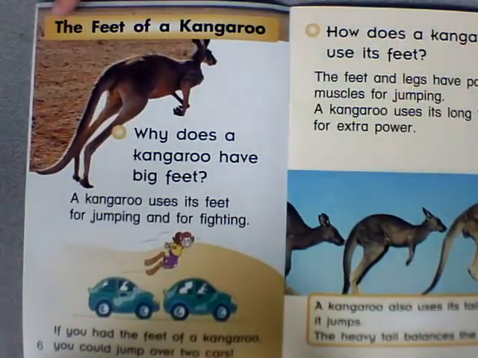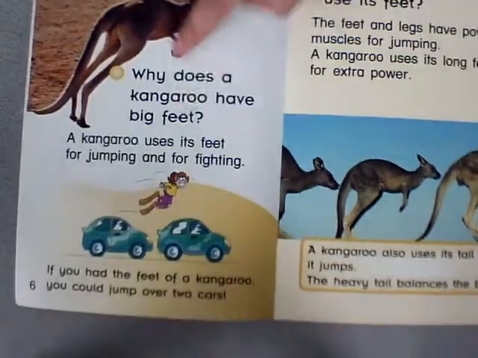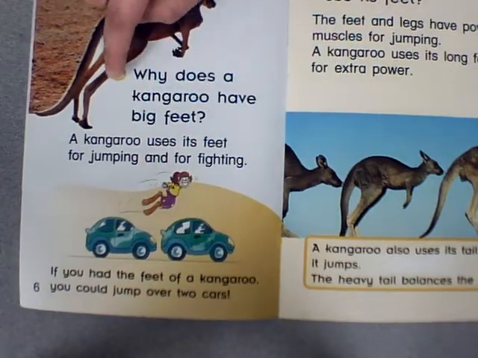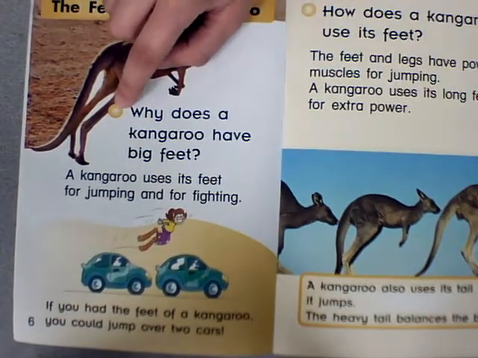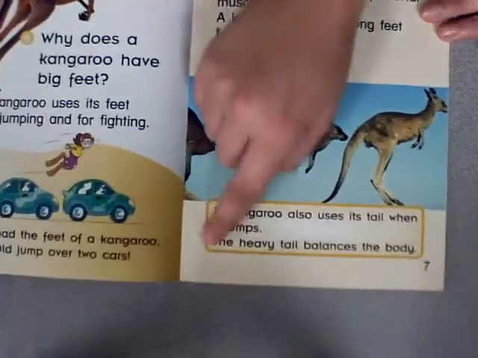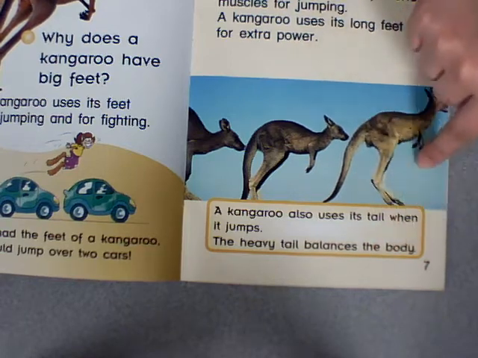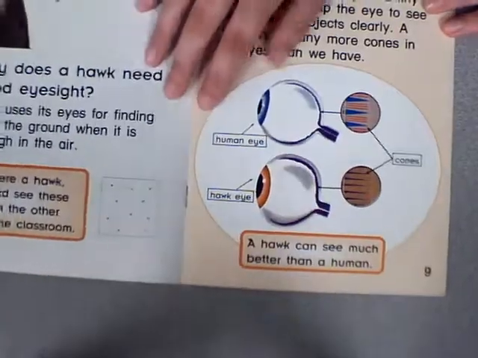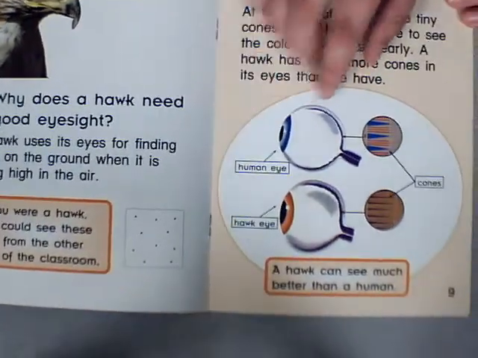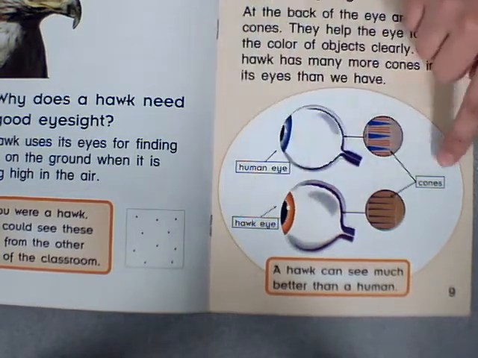So here's another heading, the feet of a kangaroo. Two photos here. There's an illustration, another bullet point to kind of separate the information and ask a question and then give you an answer. Here's another caption. This caption is talking about this photo. Captions for photos are right next to them. Here is another illustration, kind of like a diagram, but see all the labels that it has.